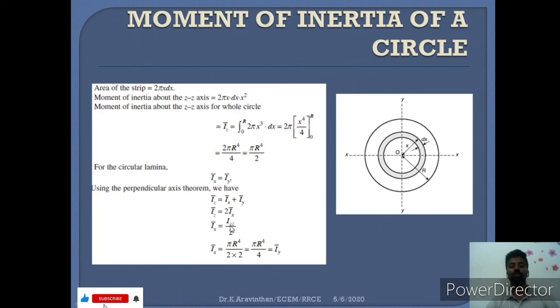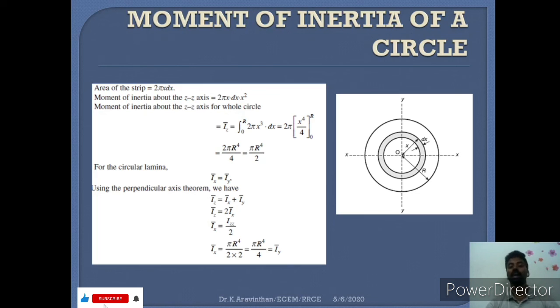After taking it out, you know the Iz, that is pi r power 4 divided by 2. You have to substitute this instead of Iz. Then you will be getting the answer as pi r power 4 divided by 4. This is the moment of inertia at Ixx and Iyy of the circular element.